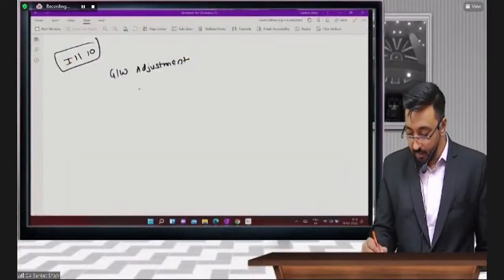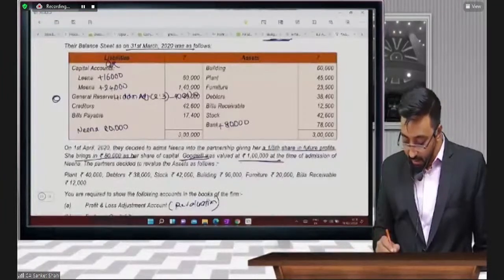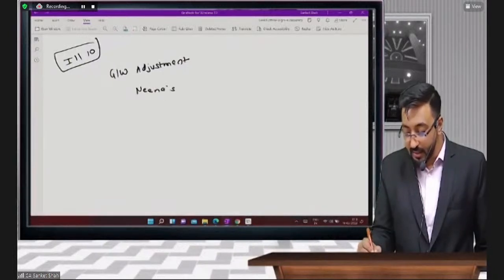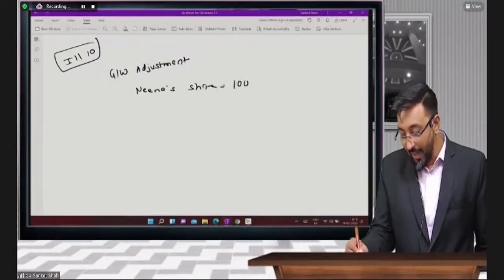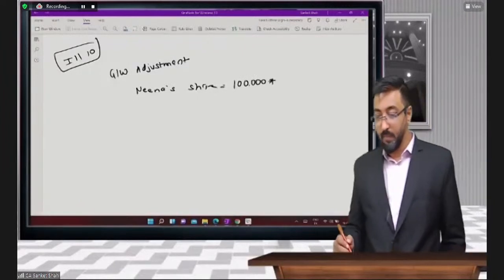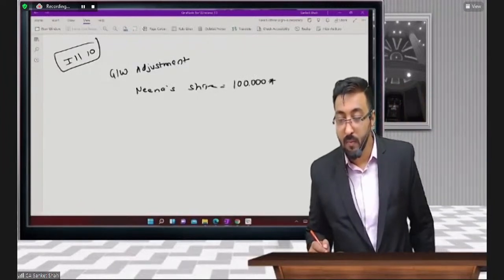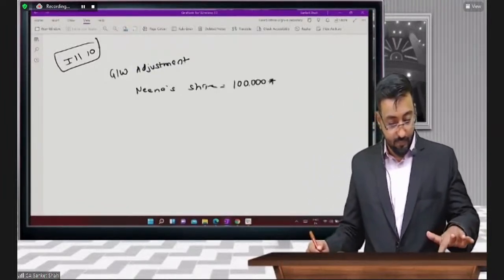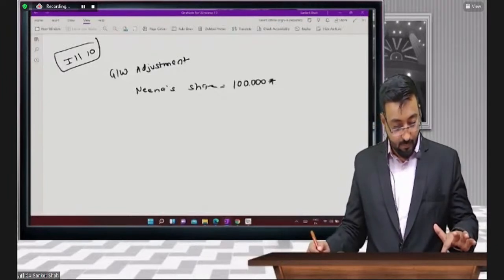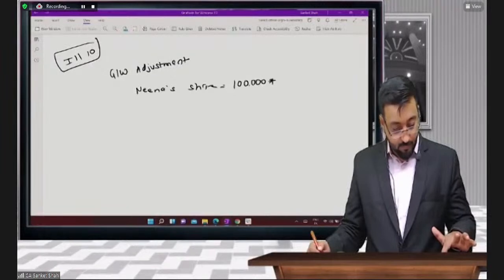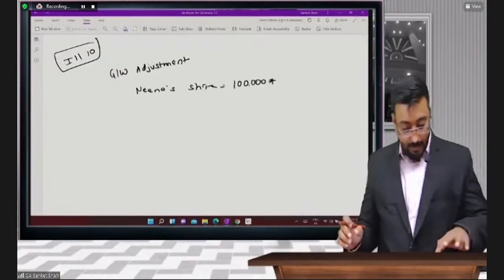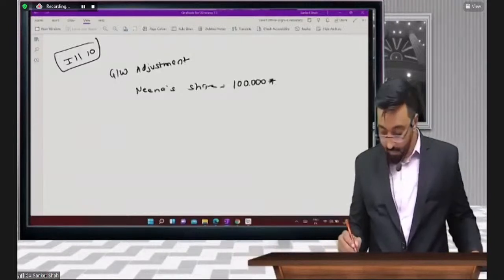Goodwill adjustment. Whose share are we going to calculate? Nina's share. See beta, Nina's route is very easy. Nina's share: 1 lakh into 1/5.